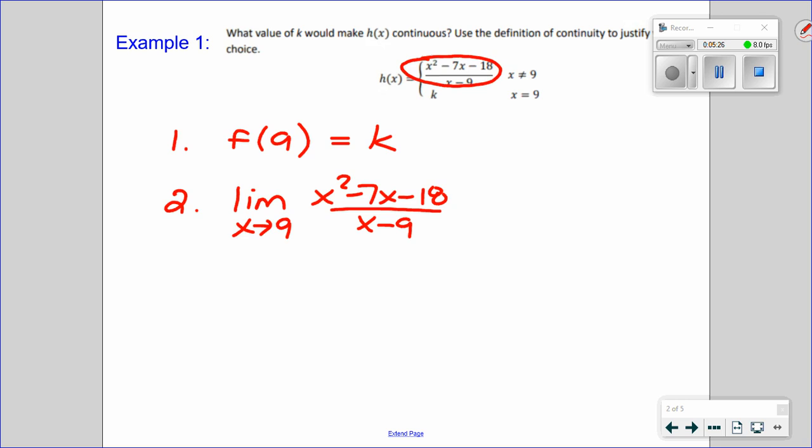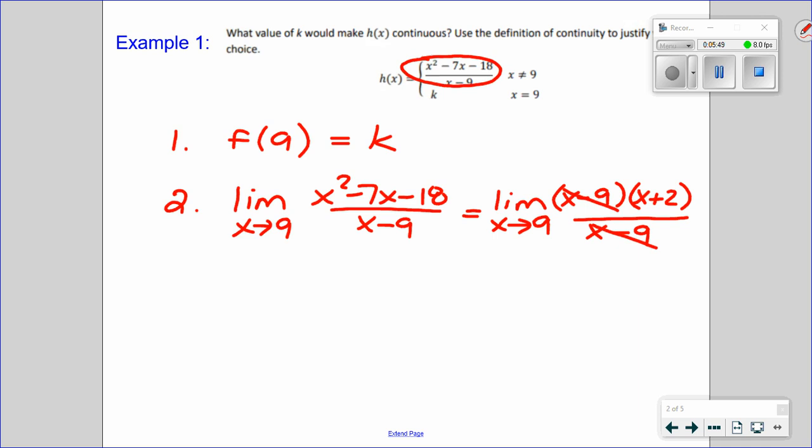That leads me to try factor and cancel. Remember, 0 over 0 does not mean the limit does not exist. It just means we have more work to do. Let's factor the numerator: factors of -18 that add to -7. Looks like -9 and +2 would work. Then x minus 9 over x minus 9 simplifies to 1. I'm left with the limit as x approaches 9 of x plus 2. Now I can use direct substitution, and the limit equals 11.